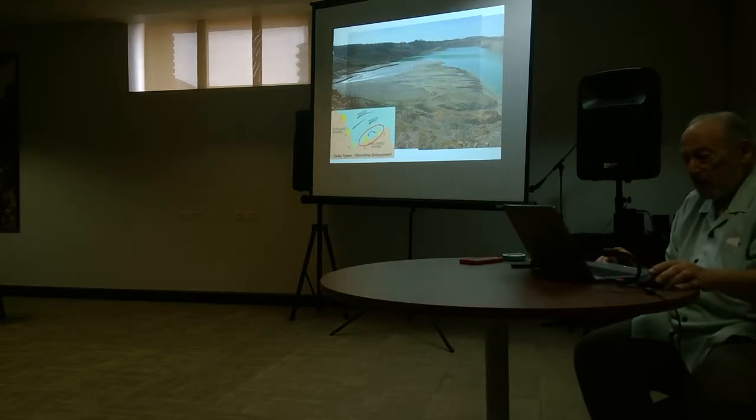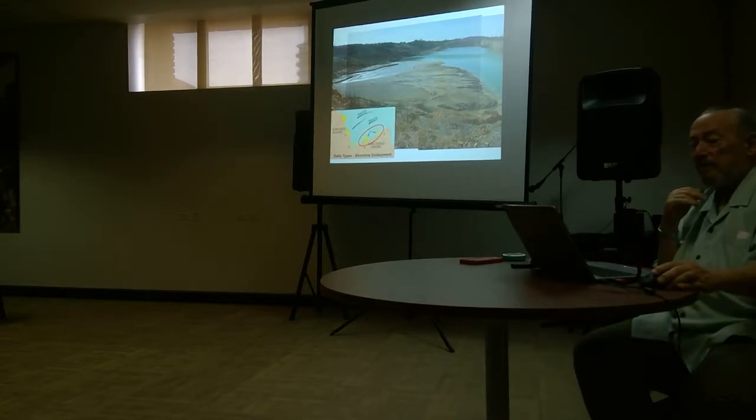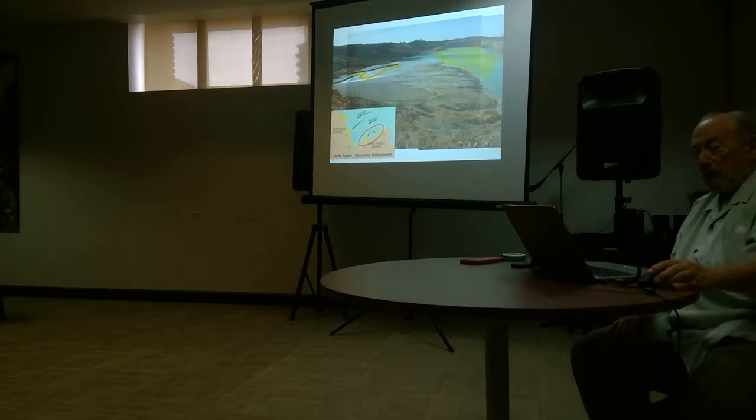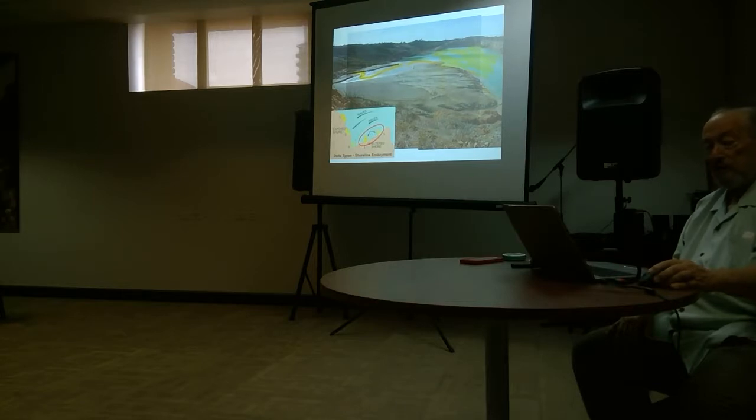And I say, let's pretend that this is the marine environment. Okay, so that's the ocean. And here's the river bringing in water and sediment to the ocean. And then here's the delta. Okay, so there's the delta.